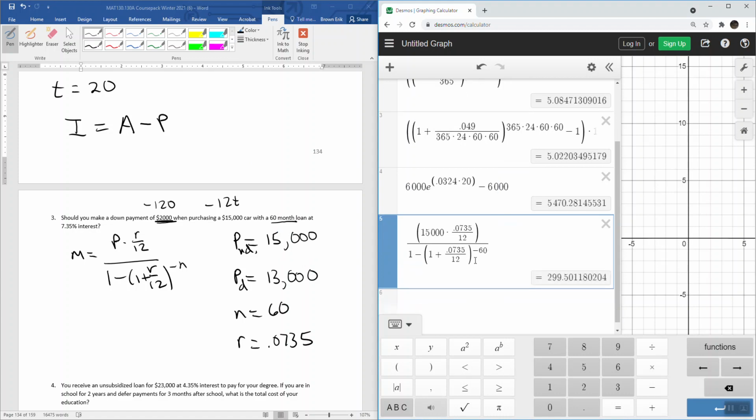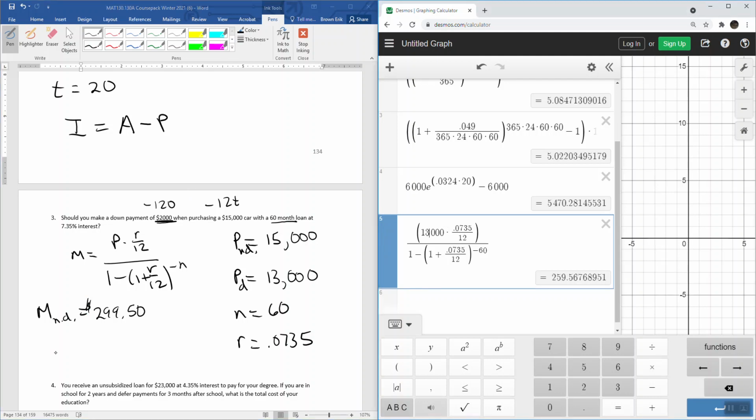Okay, so the monthly payment with no down payment ends up being $299.50 a month.